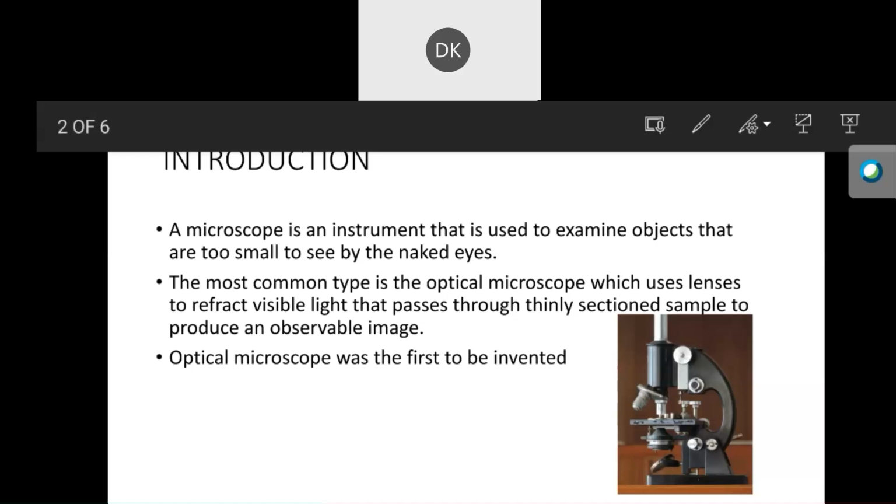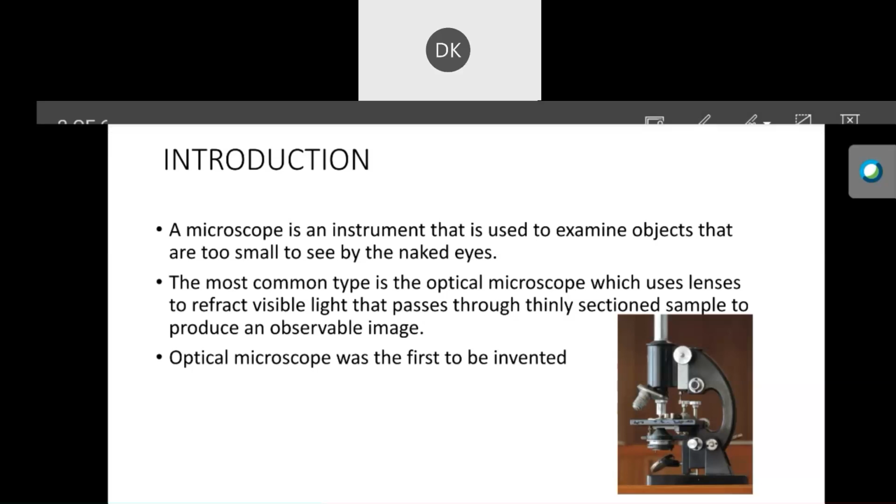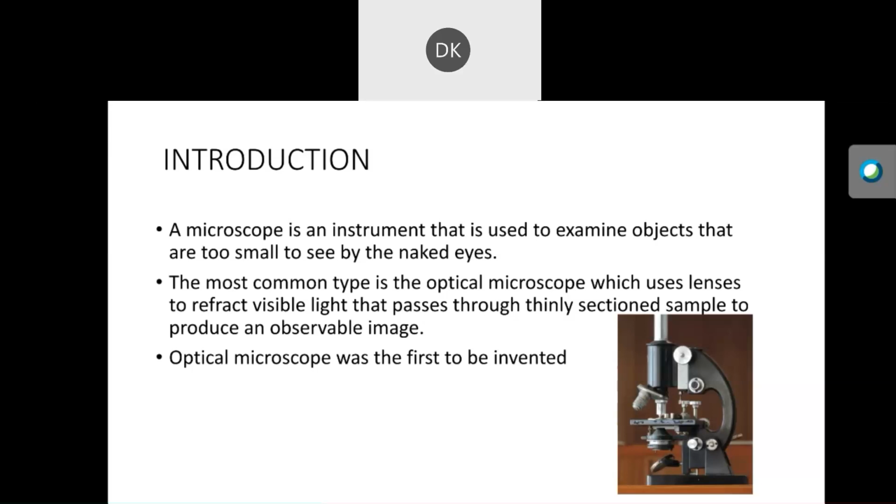My topic is microscope. What is your roll number? 037. Okay. Okay, go on.